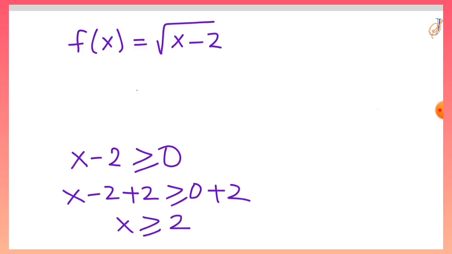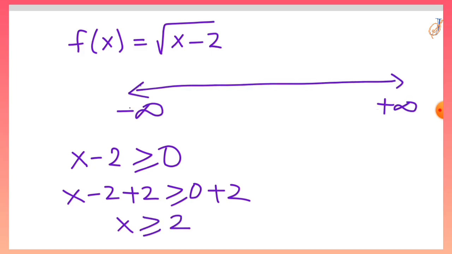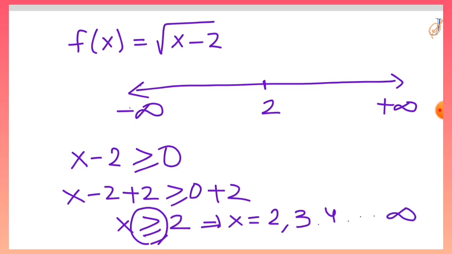That means if you draw a number line, the x values are greater than or equal to 2, so you take 2, and then 3 and 4 and so on up to infinity. You start from here and take all these numbers.